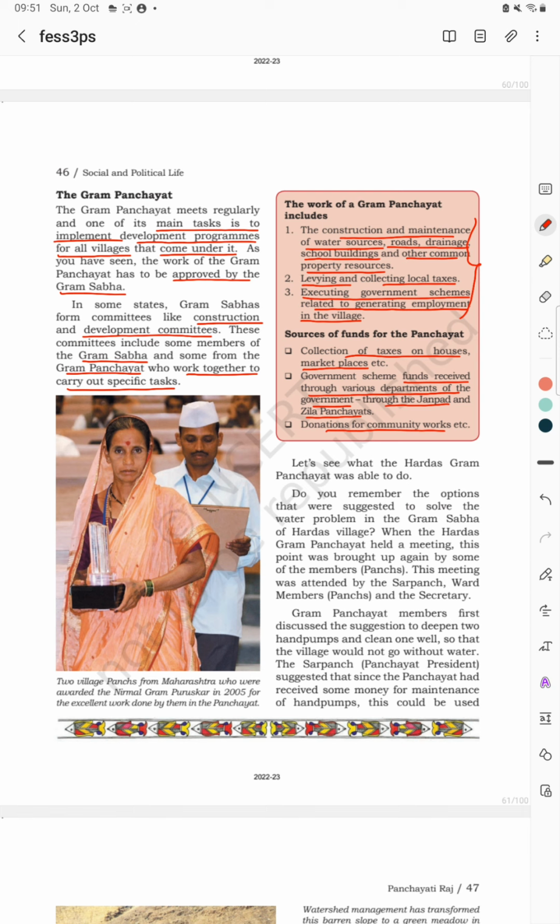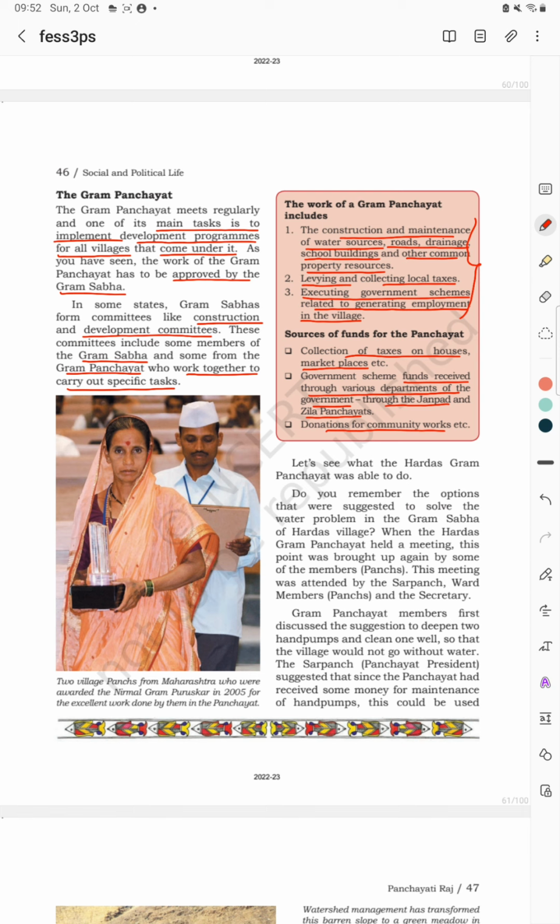Do you remember the options that were suggested to solve the water problem? One option was to lay a network of pipes from the Suru River to the village overhead tank, and the second was to deepen the pump level, or to clean the well.